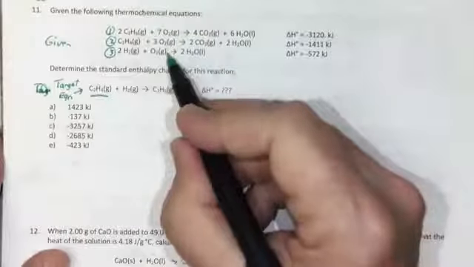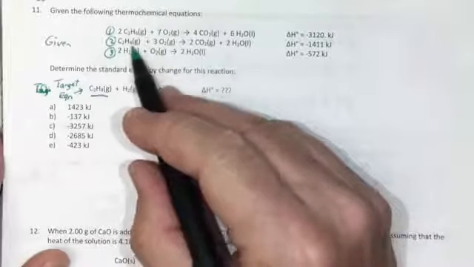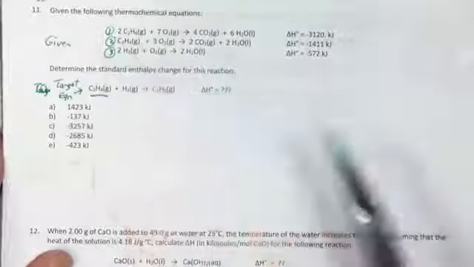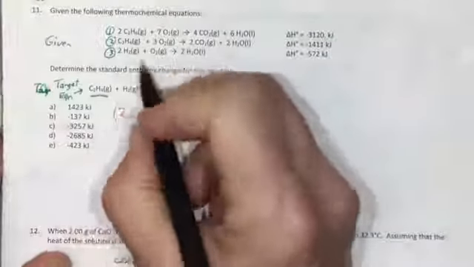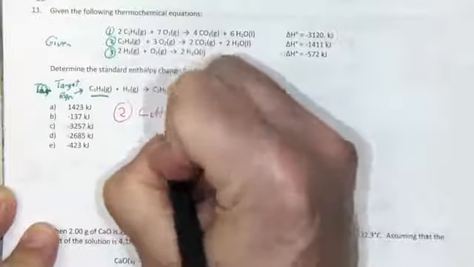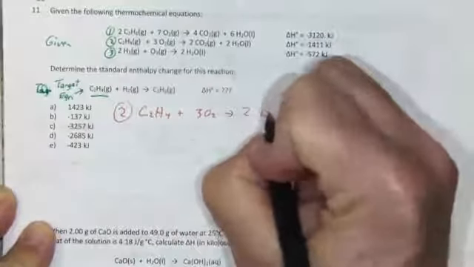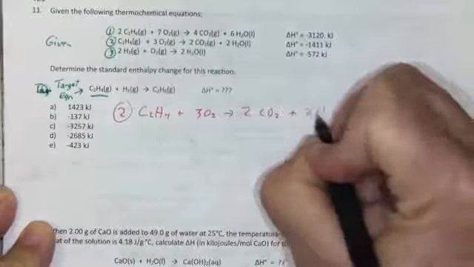In the given equations, the only place I see C2H4 is equation 2, and there is 1 mole, and it's on the reactant side. So I'm going to write equation 2 exactly as it's written: C2H4 plus 3O2 reacts to form 2CO2 plus 2H2O.